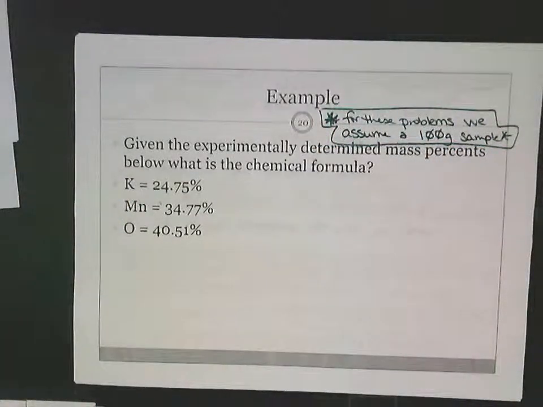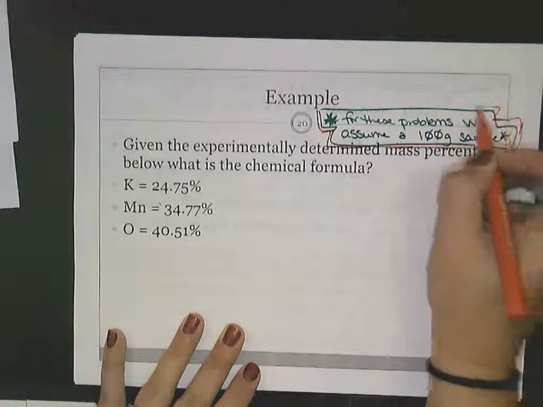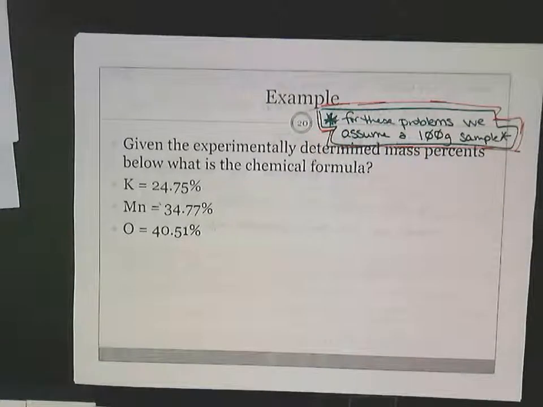So for these problems, you have to assume that you have 100 grams. If you do not make that assumption, it is almost impossible to solve. Not impossible, but you've just made it really more hard on yourself than you should have.